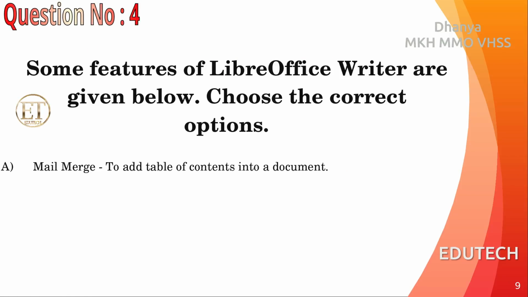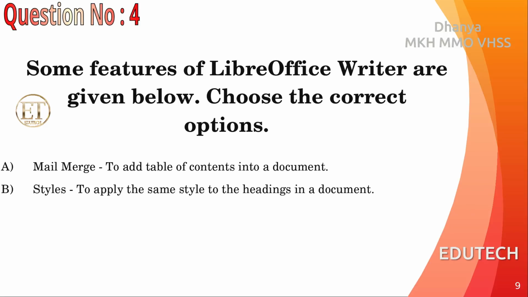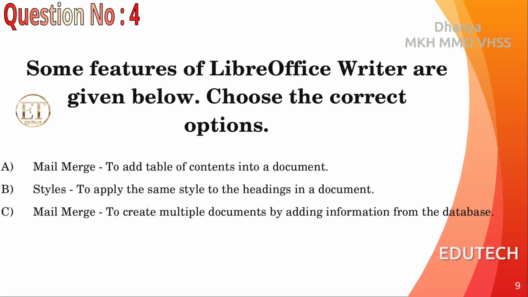Question number 4. Some features of LibreOffice Writer are given below. Choose the correct options. A. Mail merge to add table of contents into a document. B. Styles to apply the same style to the heading in a document. C. Mail merge to create multiple documents by adding information from the database.